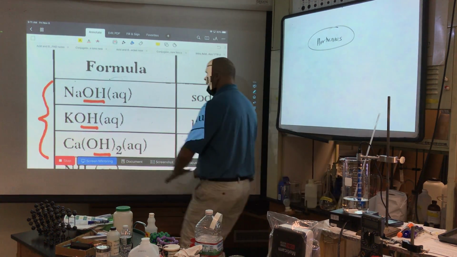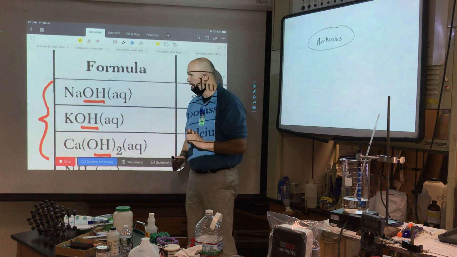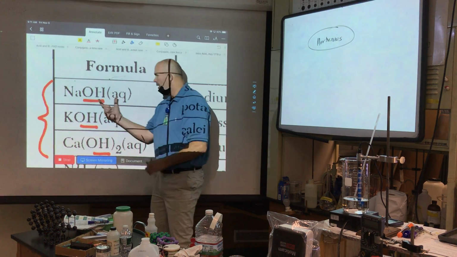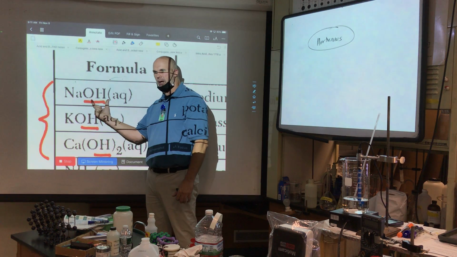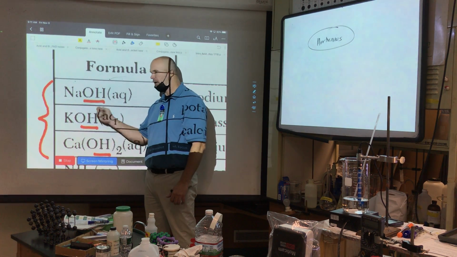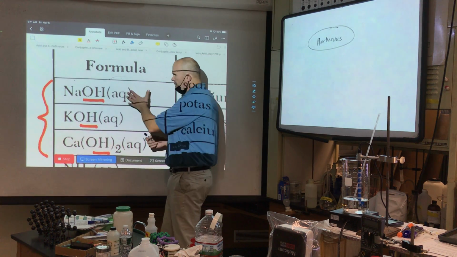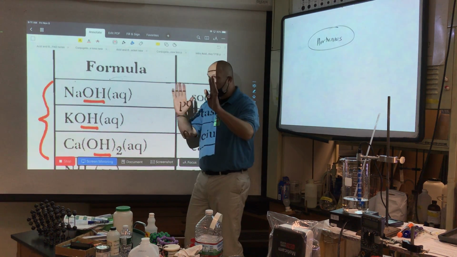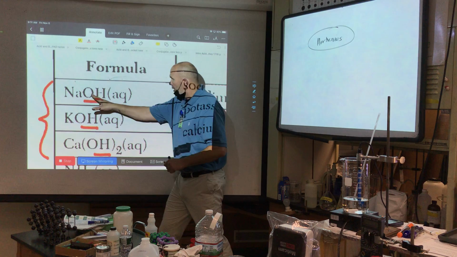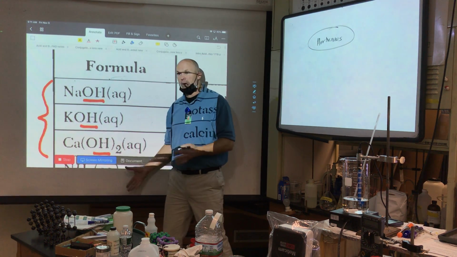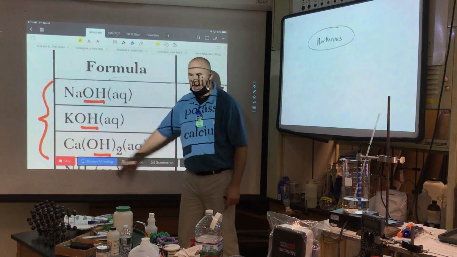A base is an ionic compound, in the case of Arrhenius, that has a hydroxide ion. And when these dissolve, these are all strong bases for reasons we've explained already. These dissociate into a lot of hydroxides. So that's what we have here.